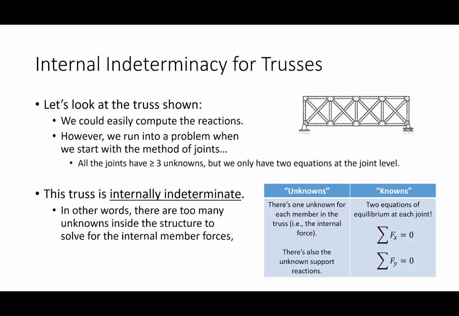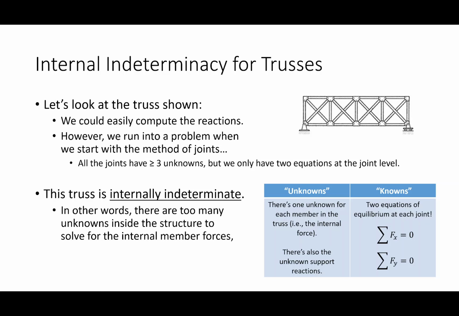We know that the sum of the forces in the x direction must be 0, the sum of the forces in the y direction must be 0. So could I characterize my knowns as 2j? And again, why is it 2 and not 3? Because for joints, there are no moments, right? Does that make sense? That internally, that's the deal that's going on, okay?